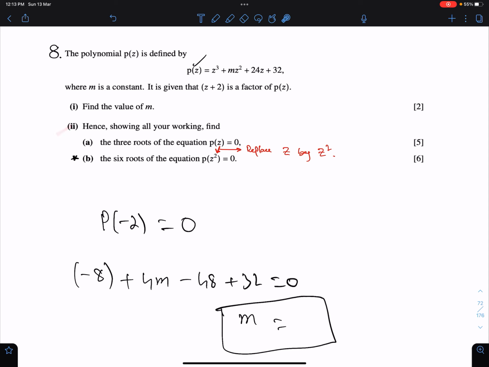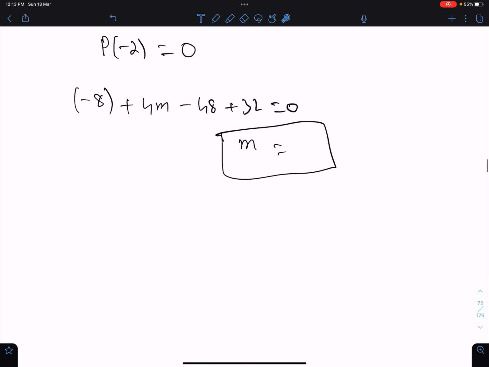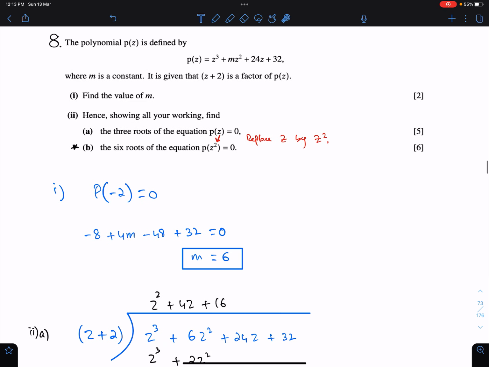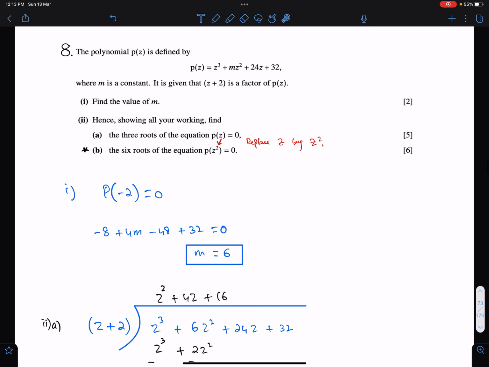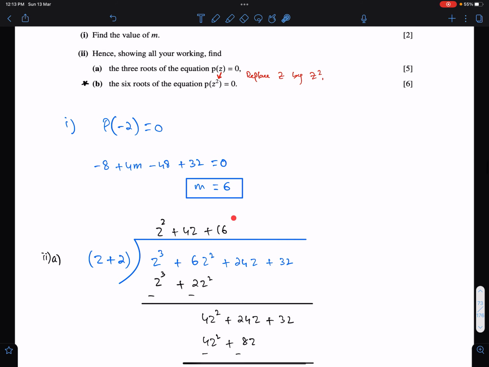Part 2a. The three roots of this equation. We need to use the long division method to factorize this cubic equation. This is the value of m. Now by using the long division method, we have got the quotient.